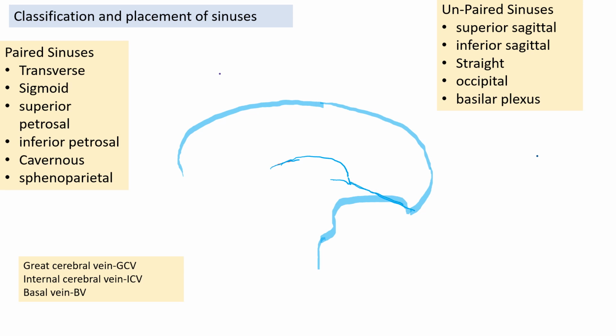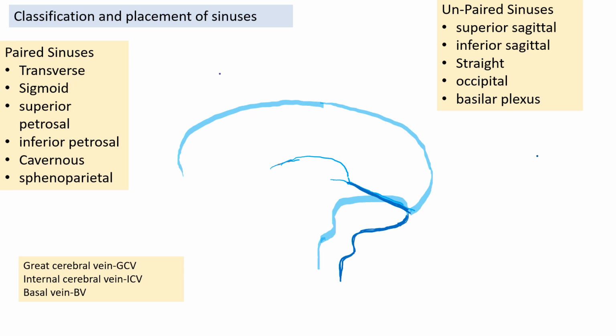Now I will use the darker blue color. This would be the straight sinus, and it is going to be continuous with the transverse sinus of the left side, which is continuous with the sigmoid sinus and the internal jugular vein. I hope it is clear to you.